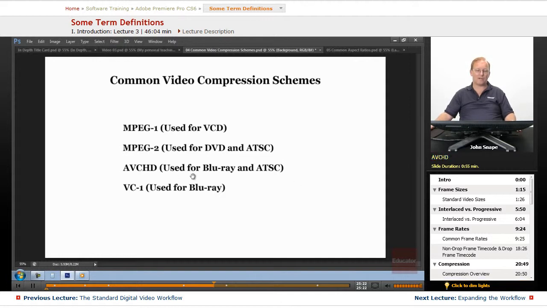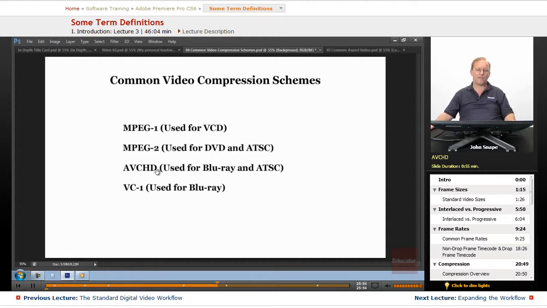And then ATSC also uses the AVCHD codec, which right now I can't remember what AVCHD or VC1 stands for, but that is also used for Blu-ray discs, and it's also used if you have one of the video cameras that records to like a flash drive, I mean an SD card or one of those other recording cards.